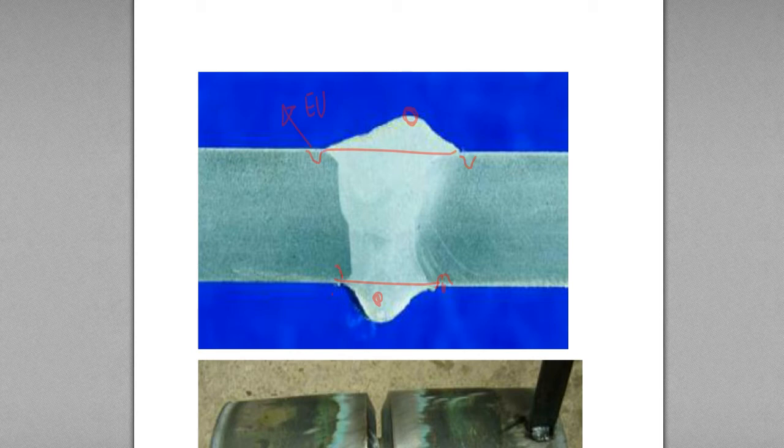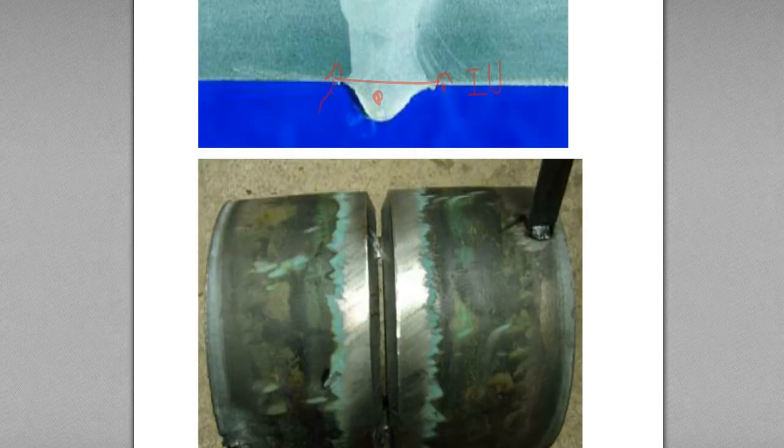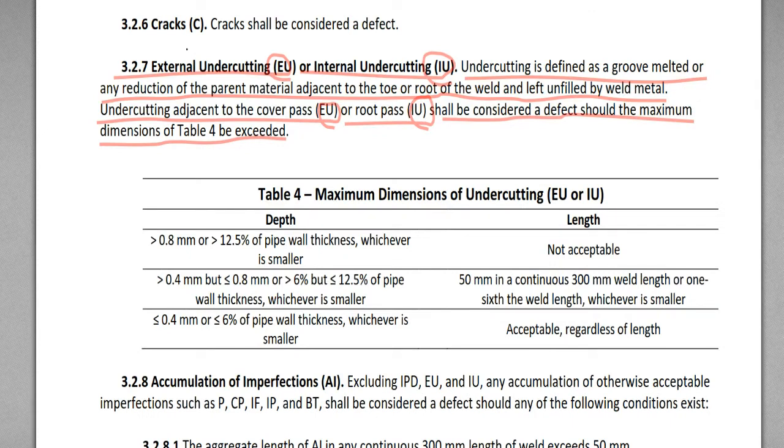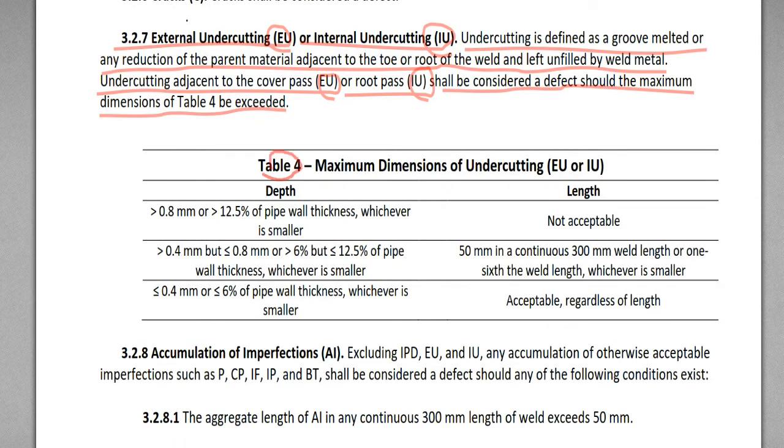Same here at the toe, if you have a thickness reduction, this is undercut, and this is called internal undercut, IU. And EU or IU are reject when table 4 is exceeded.